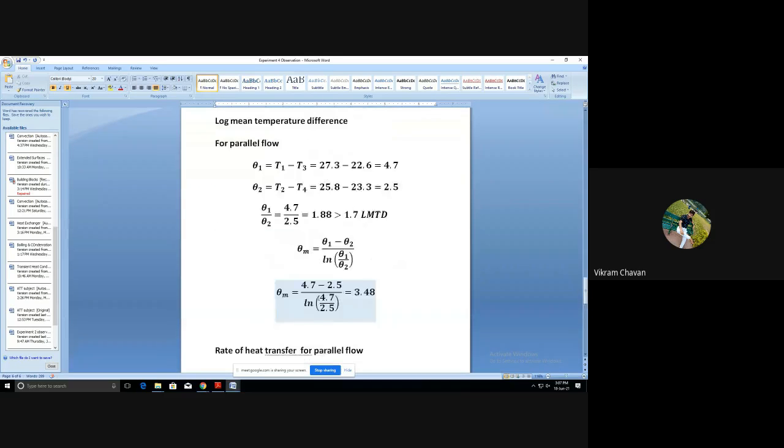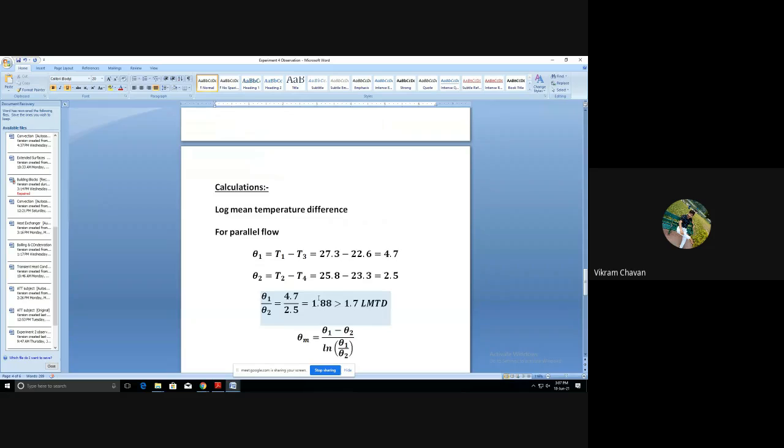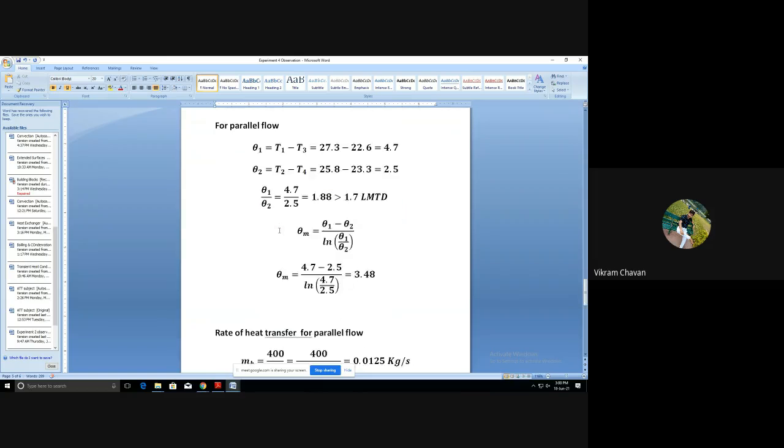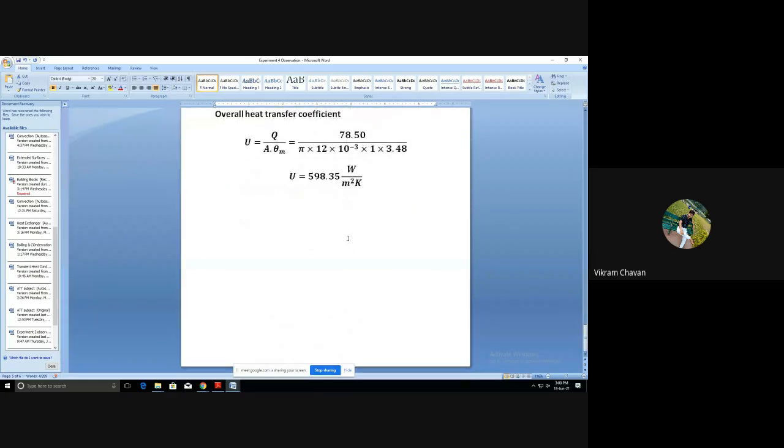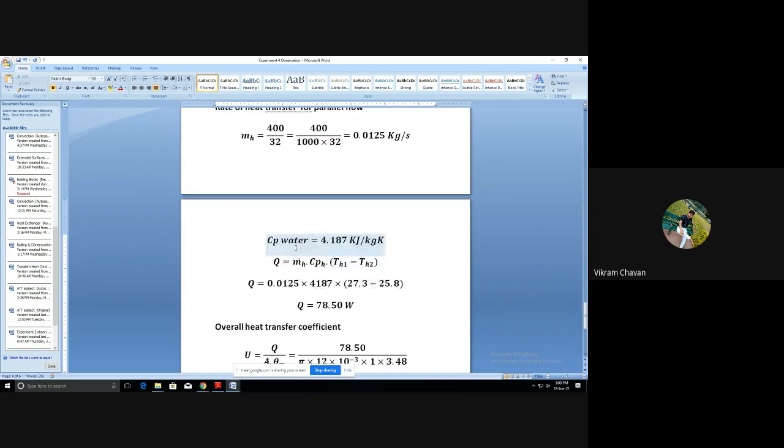Similarly, we have to go for the log mean temperature difference. I will give the heading here as calculation. Now for counter flow, we have to consider the readings of counter flow only.